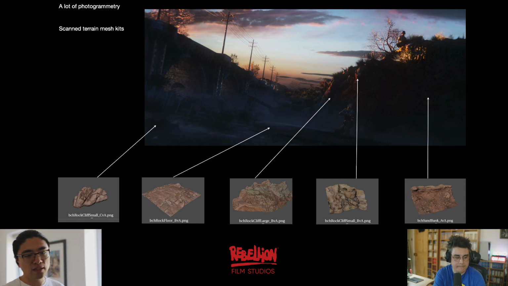You would kit bash different module pieces together to form a terrain or some sort of shape, if you like. And here we captured that methodology. We used photogrammetry assets from the game and kit bashed them together to form the cliff that you can see on the right hand side there.